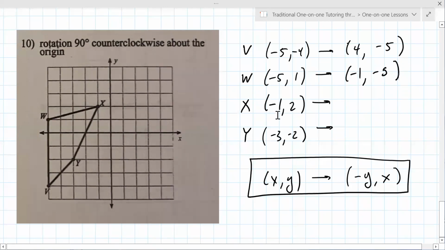You just repeated this one. Oh wait. X. Yeah, so you've been doing them right. Something about this one didn't compute with you, but again, that x value goes into the y spot, and then you negate the y value.